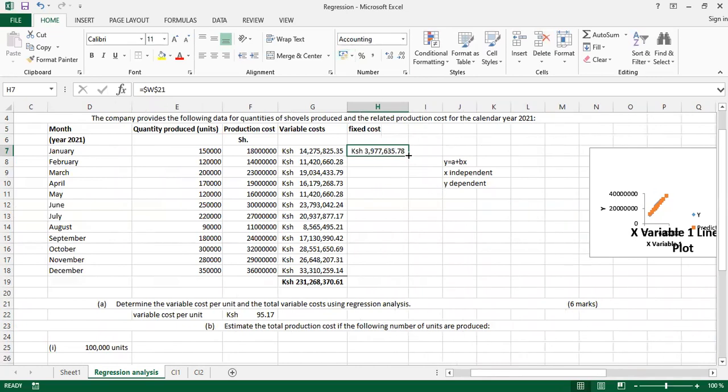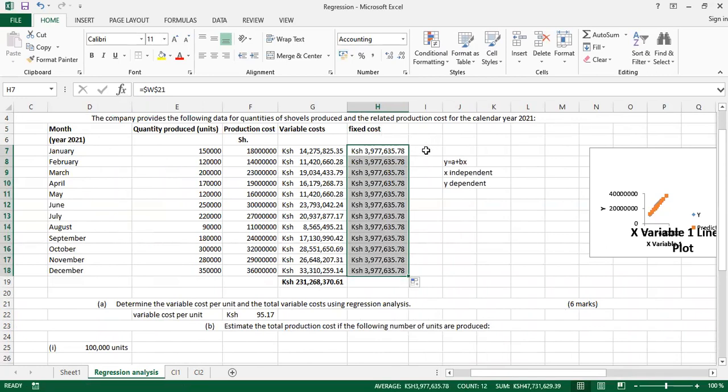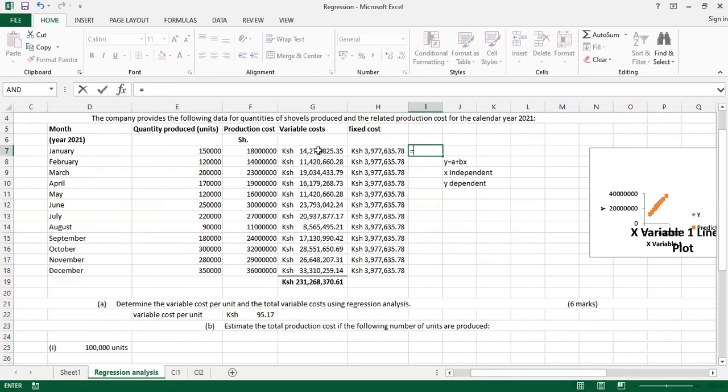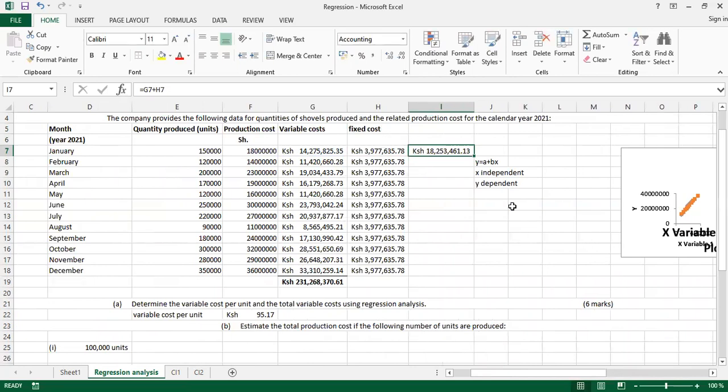And I take it down. So we'll find that it equals this one plus this one, control enter. This one is now the expected y.